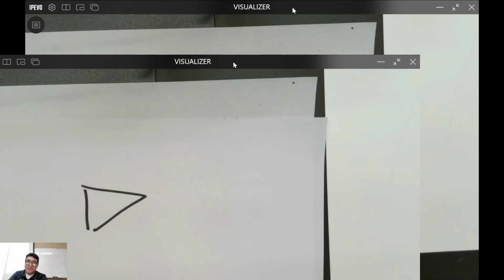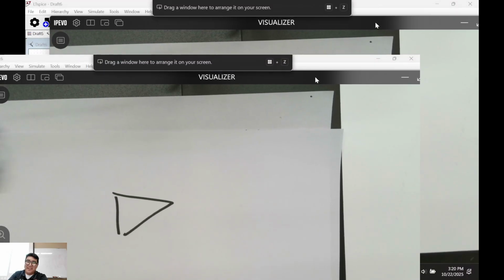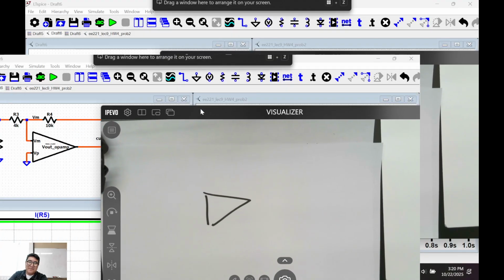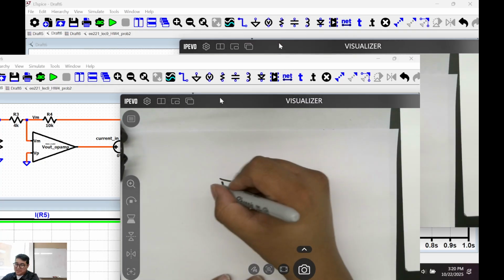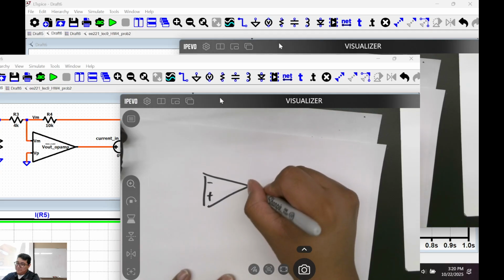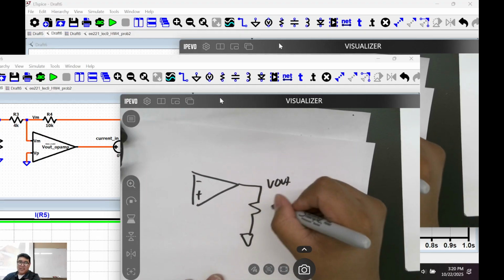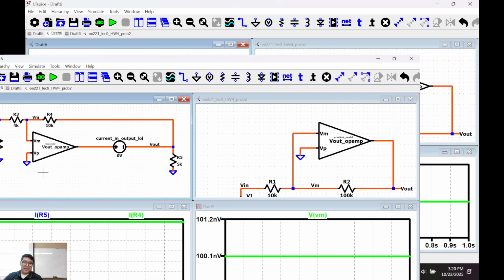We're going to try something new. There you go. So this is minus, this is plus, V out. What was V out? 5K, good. And then there's a 4K, and then yada, yada, yada.